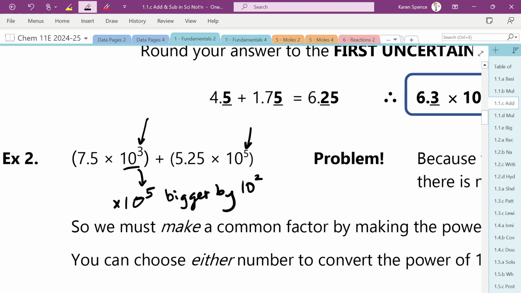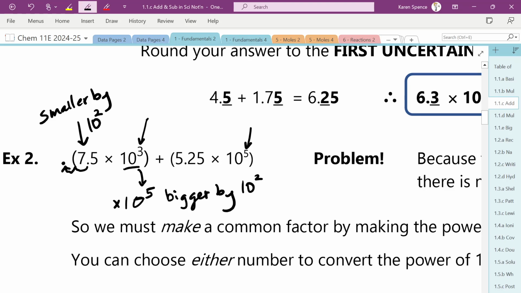So what's going to happen to the 7.5? It's going to have to become smaller by a factor of 10 to the 2, which means how many places are you moving your decimal? 2 places, okay? And are we moving it to the left or to the right? The decimal. We move it to the left to make the number smaller.